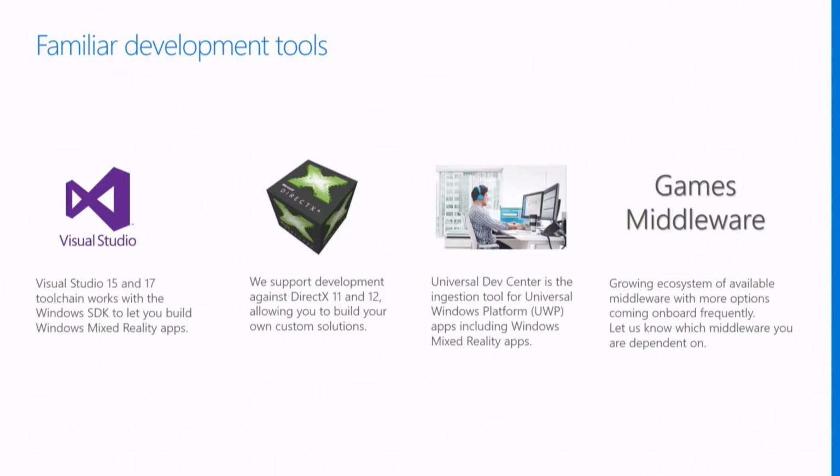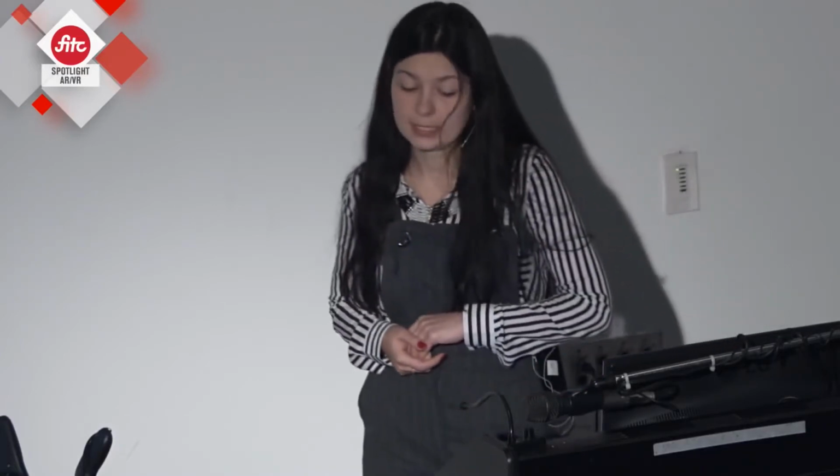And also, if you want to create some specific custom solution, you can also use DirectX 11 and 12. It's up to you. And also we have this Universal Dev Center where you can submit and basically publish your application, and everyone will see your application in the store for these mixed reality headsets.